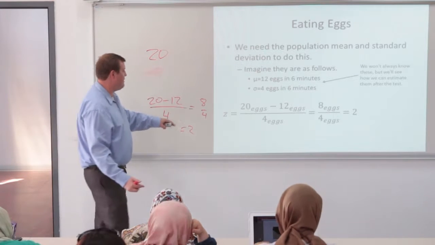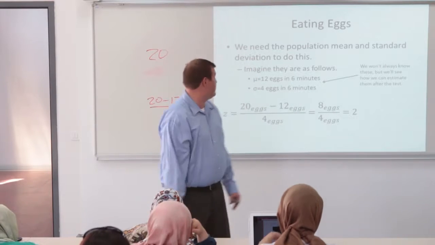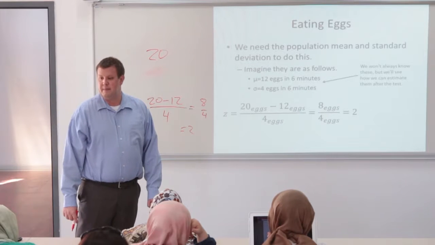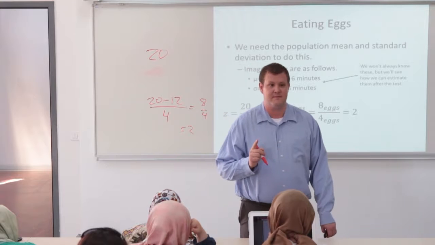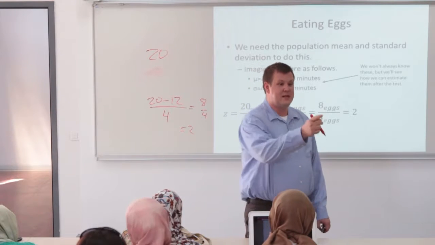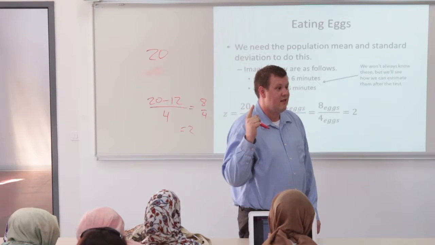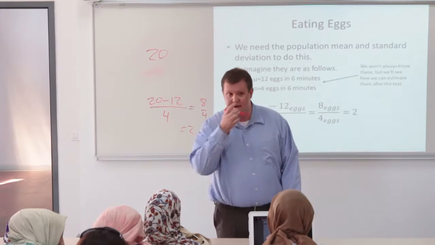Now, what happens if you divide 8 eggs in 6 minutes by 4 eggs in 6 minutes? It's not 2 eggs in 6 minutes. The minutes will cancel out, and the eggs will too. Right?